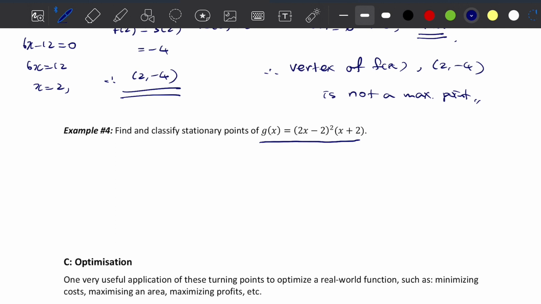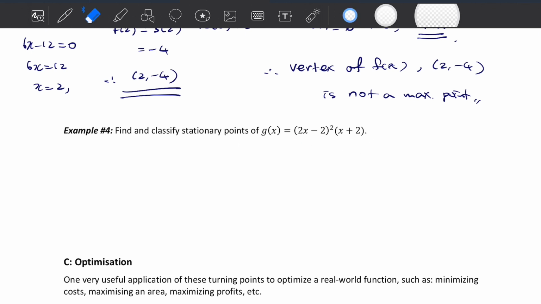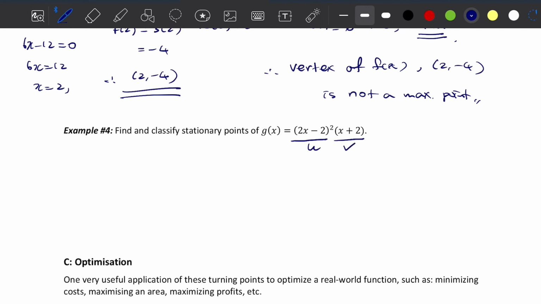So we first set the first part of the function as u, and the second part as v. Then, to use the product rule, we need to find the derivative of u. Since u is equal to (2x minus 2) squared, du over dx is 2 times (2x minus 2) times, using the chain rule, the derivative of the inside, which is 2.